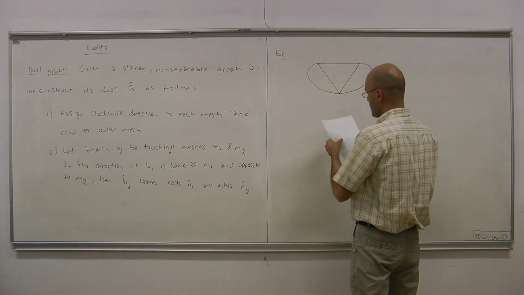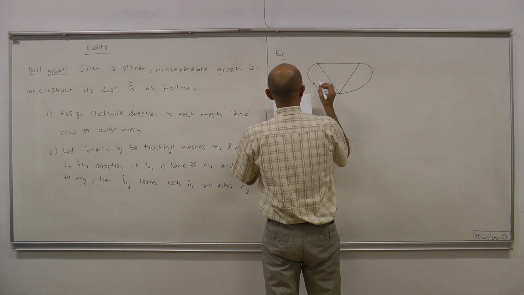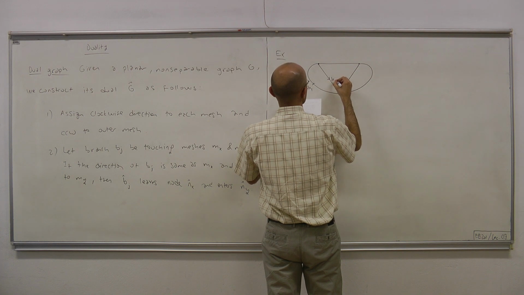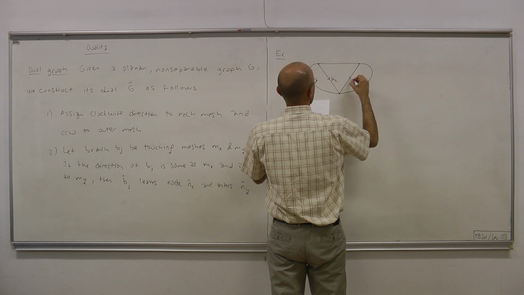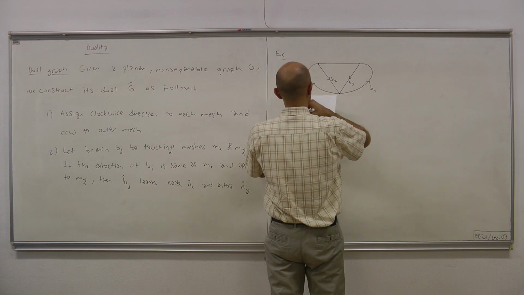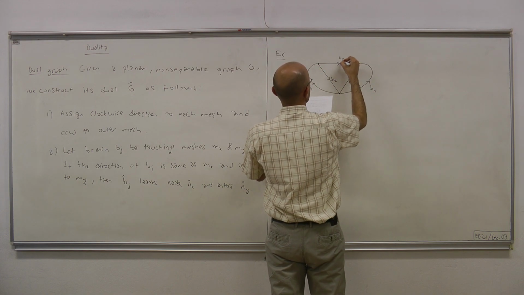The branches are labeled as follows. Let's say this is branch number 1, this is branch number 2, this is branch number 3, branch 4, and finally this is B5.